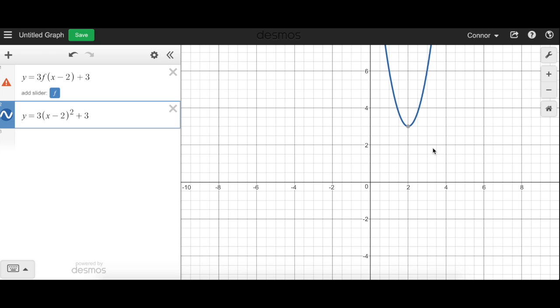So now this is a quadratic. And you can tell here that all these numbers are where the variables were. Now this 3 right here is the y value, and this 2 is the x value of the vertex.